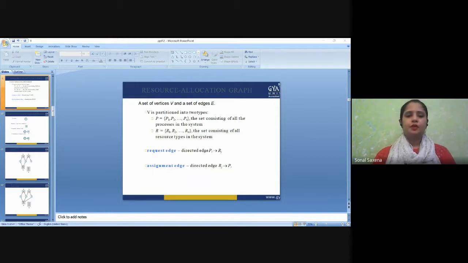So understand first of all what exactly a resource allocation graph is.